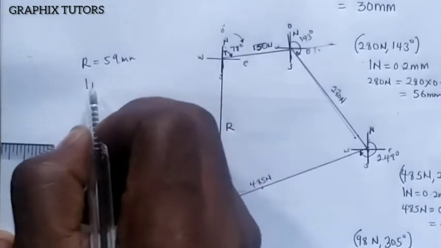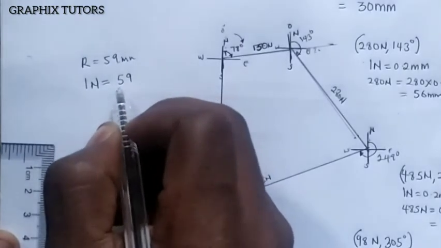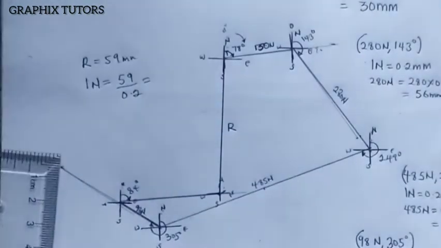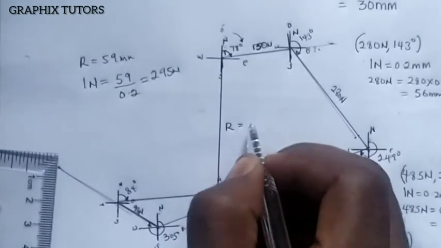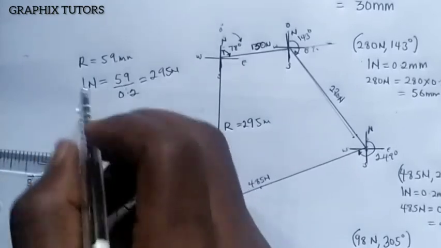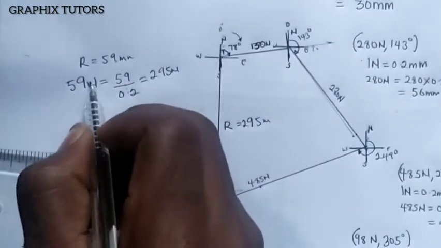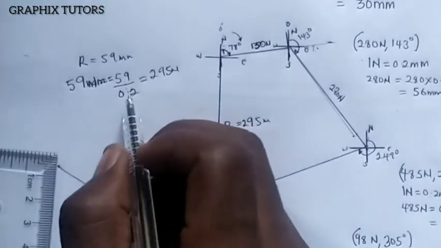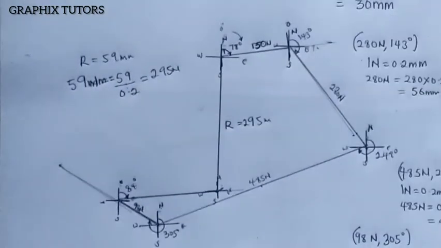So 1 Newton will now be equal to what? 59 divided by 0.2, and that will give us 295 Newton. So my resultant force here is what? 295 Newton. So you have, as the case here now, 59 millimeter is equal to what? 59 divided by 0.2 Newton. Right? My resultant force here is what?